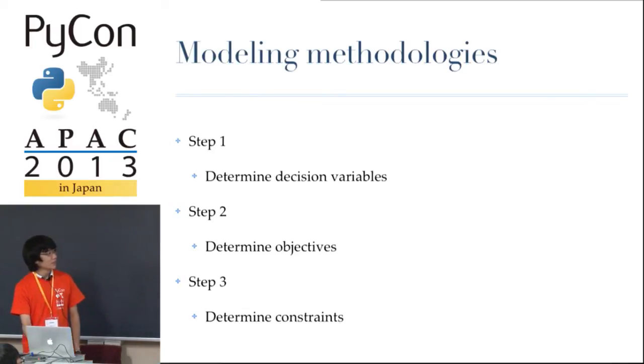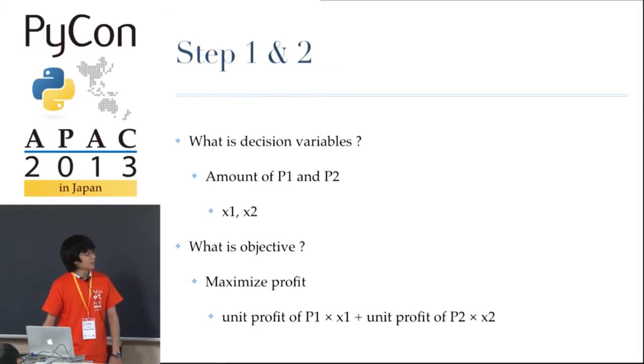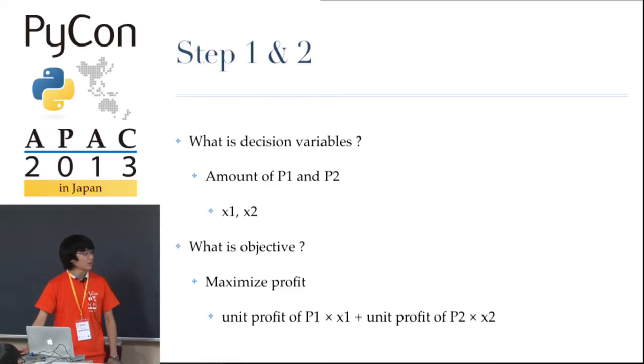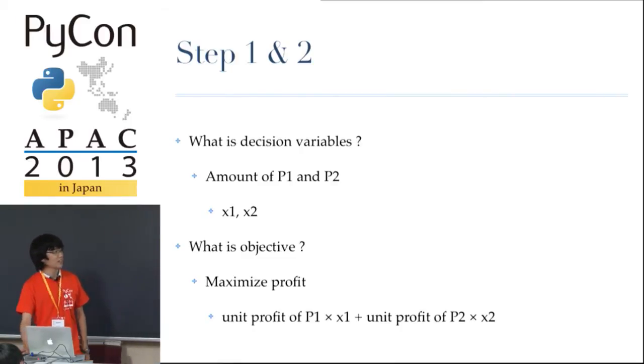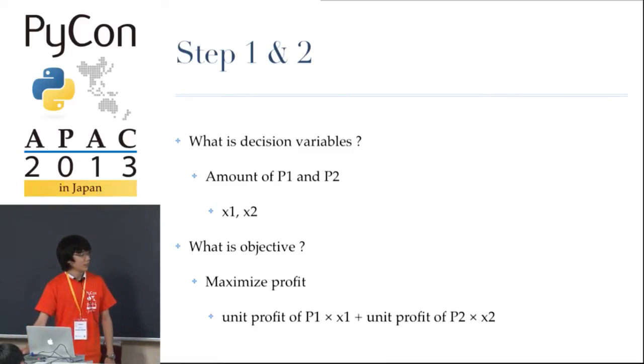Following this methodology, the first step: what are the decision variables? In that problem, we have to decide the amounts of P1 and P2 to produce, described as X1 and X2. Step 2: what is the objective?